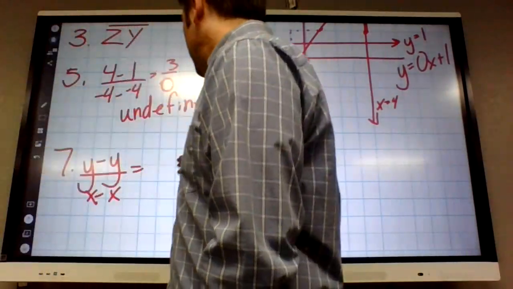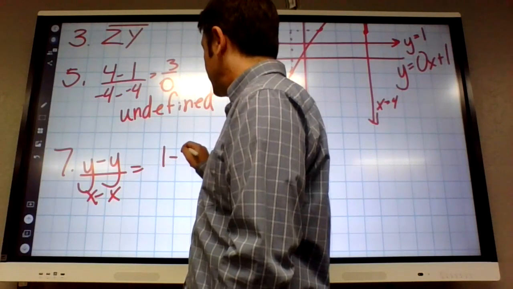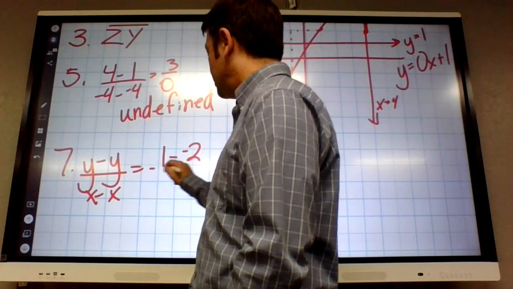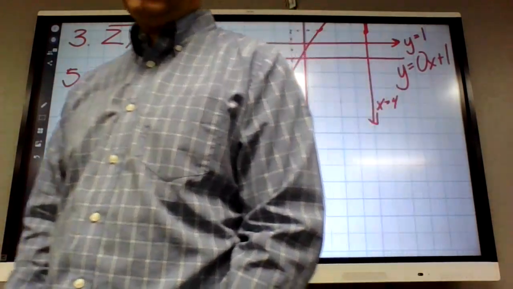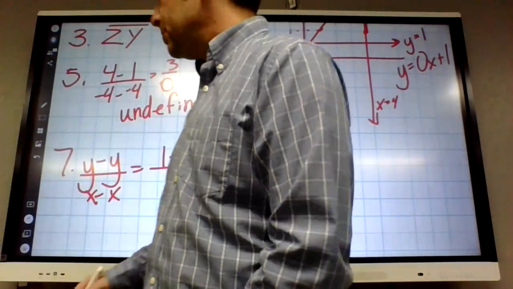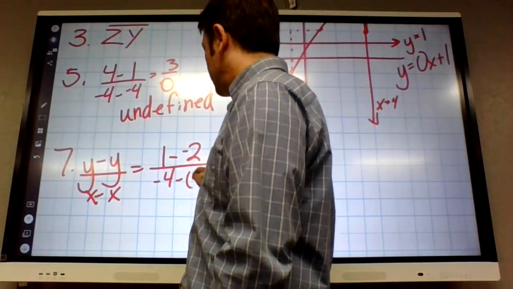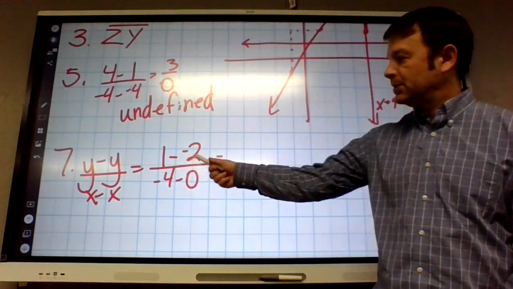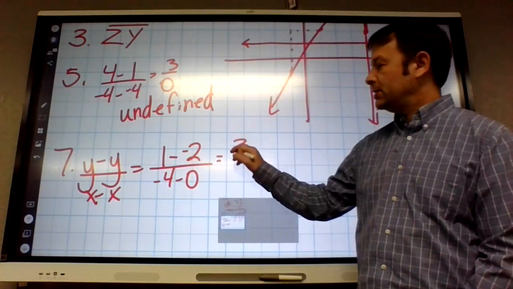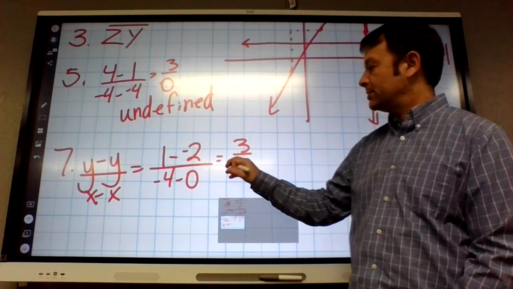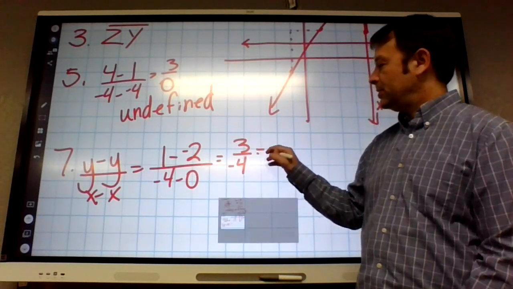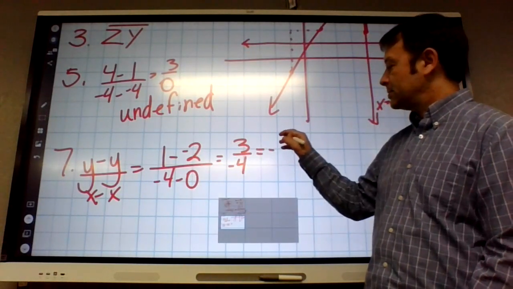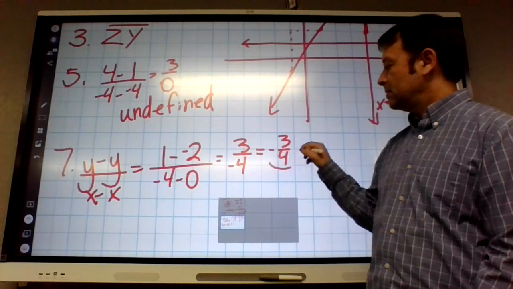So 1 minus -2 over, what are the x values? -4 and 0. Negative 4 minus 0. 1 minus negative 2 is 3. Negative 4 minus 0 is -4. 3 over negative 4 is negative 3/4.